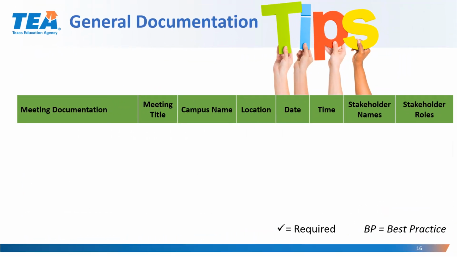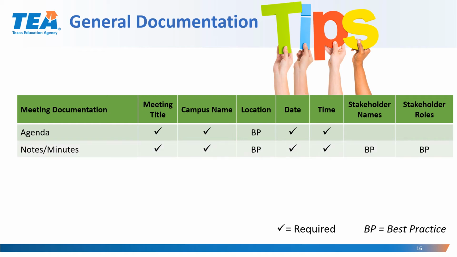Please refer to the table referenced on this slide to determine what is required on meeting documentation and what is considered best practice. Meeting agendas should include the meeting title, campus name, date, and time. It is a best practice to include the location of the meeting. Meeting notes or minutes should include the meeting title, campus name, date, and time. It is best practice to include the location of the meeting, stakeholder names of those involved in the process, and stakeholder roles.